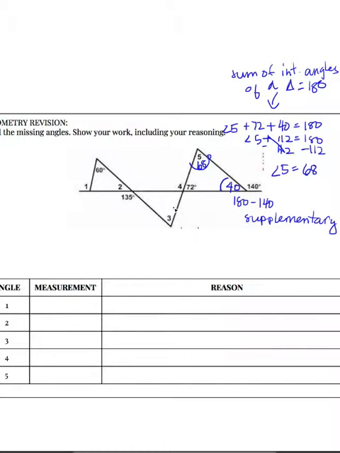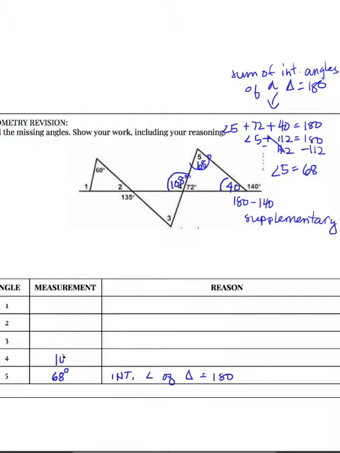Now angle 4 is easy as well. So angle 5 is 68 degrees. And as we mentioned, the internal angles of a triangle equal 180. Angle 4 would be 108 degrees.